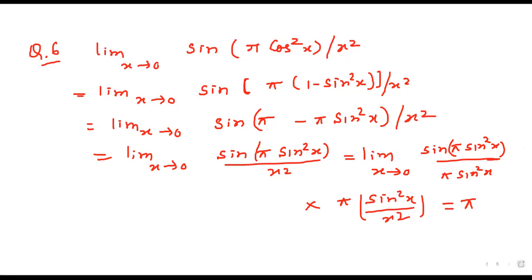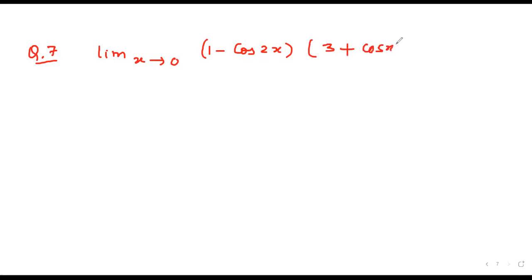Now consider question number 7. Question number 7 says limit x tends to 0, 1 minus cos 2x times 3 plus cos x divided by x tan 4x. So we write it, limit x tends to 0.